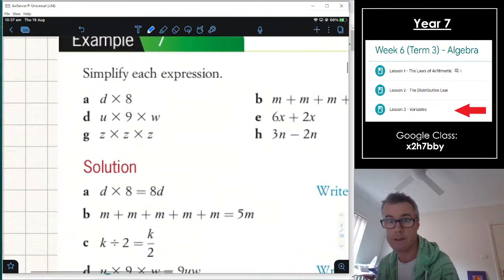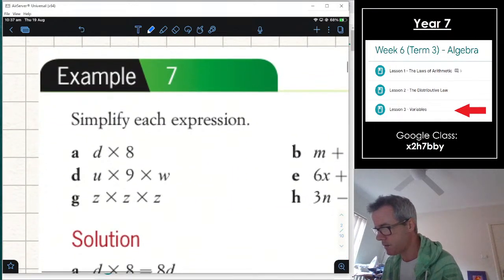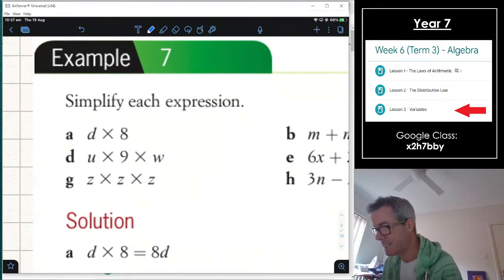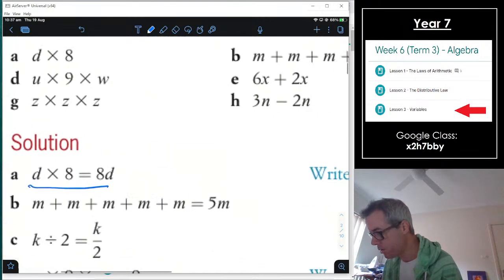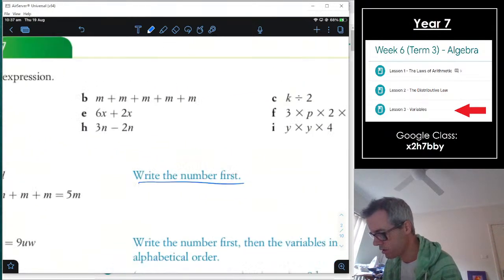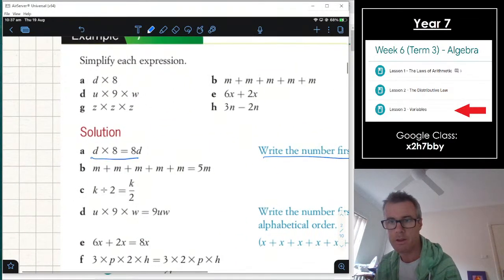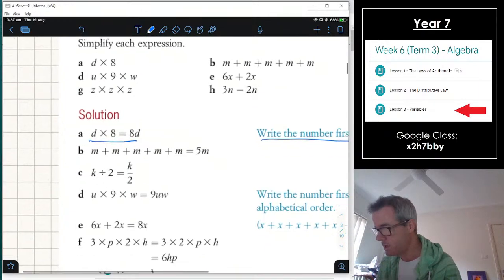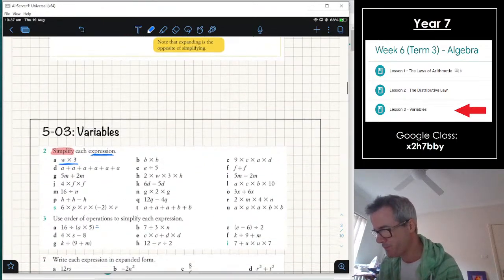Here's example 7 up the top here. If you don't know how to simplify D8, not only does it tell you the answer here, but also over here, it gives you an explanation of how to do it as well. Use these solutions to help guide you. Watch the videos, Ella, and go from there.